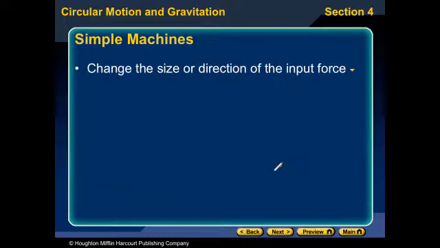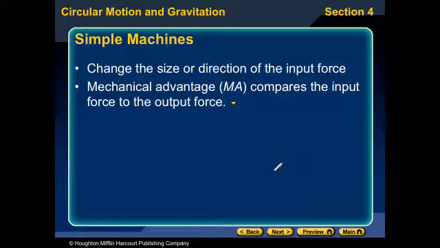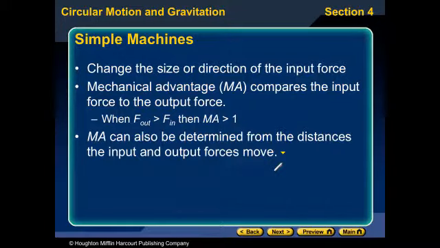Simple machines can change the size or direction of the input force, so you're inputting a force and getting out a certain amount of force. It's going to make the force that you're inputting more efficient. Mechanical advantage compares the input to the output force. When your output force is greater than your input force, the mechanical advantage is greater than 1.